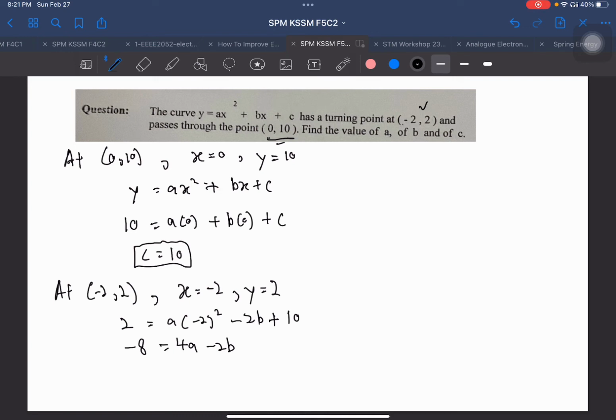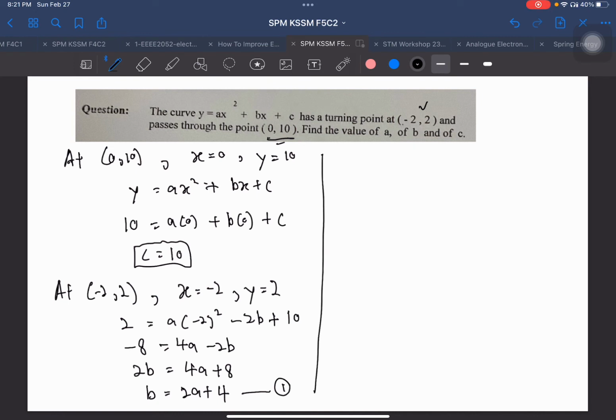First, we put the equation in terms of b or a. So you get b in terms of a. It's good for solving the simultaneous equation.